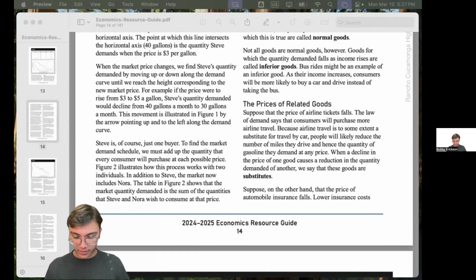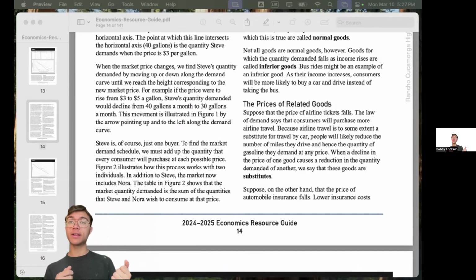If a decline in the price of one good causes a reduction in the quantity demanded of the other, we say they're substitutes. I feel like a better example than planes and cars, which is kind of a weird comparison, would be something like bread and tortillas.